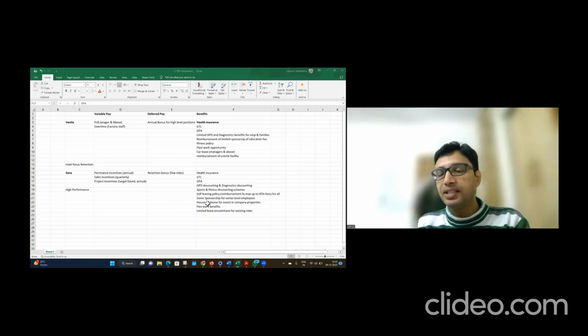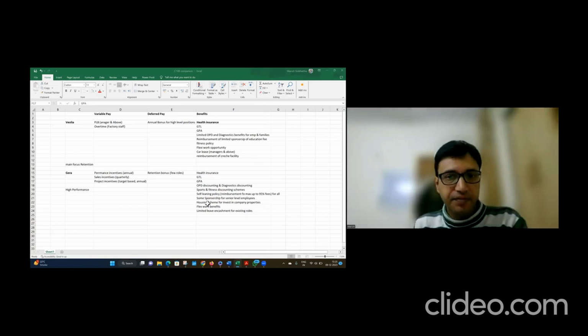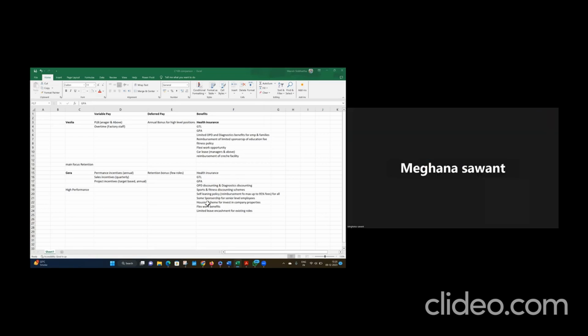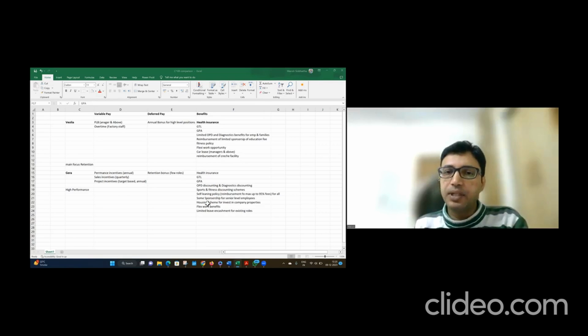Also, diagnostic tests up to a cap of 1,000 rupees per test are free. Also, a limited sponsorship program is there for education, short term or long term, that is relevant to their work area.